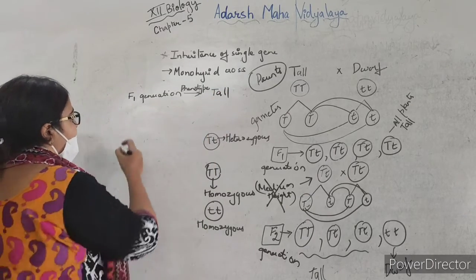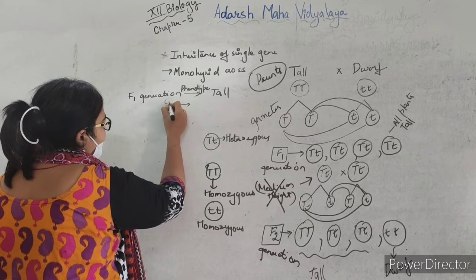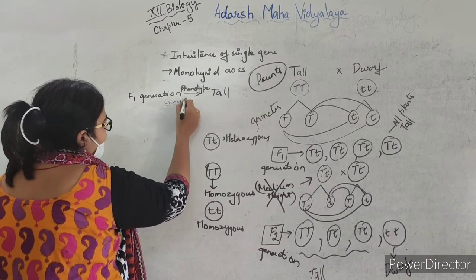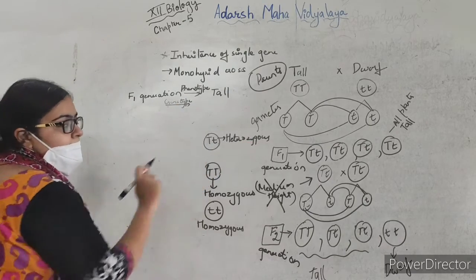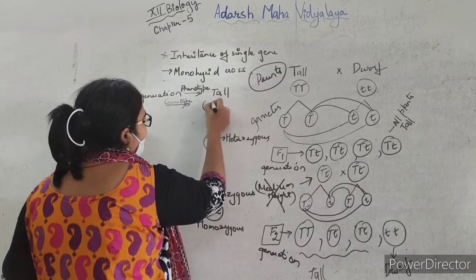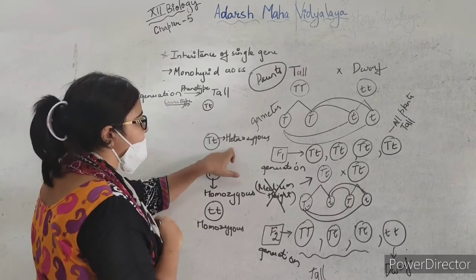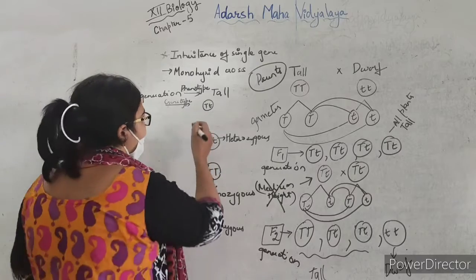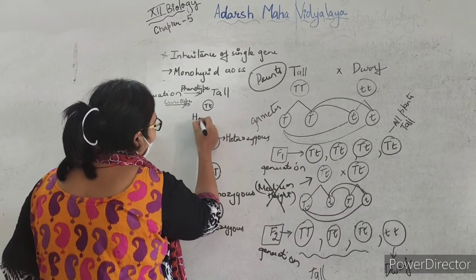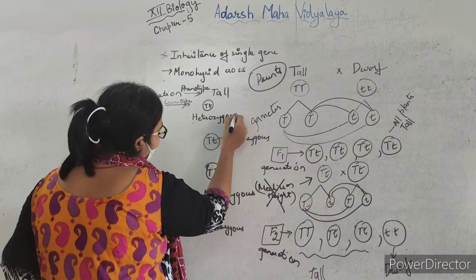Okay, and in the F1 generation, the genotype was capital T and small t. Now what is this? This is heterozygous. This is not homozygous. So we'll call that all the plants were heterozygous tall.